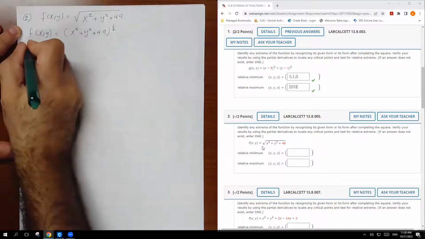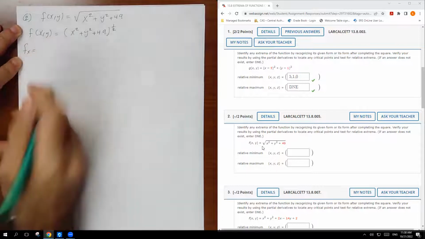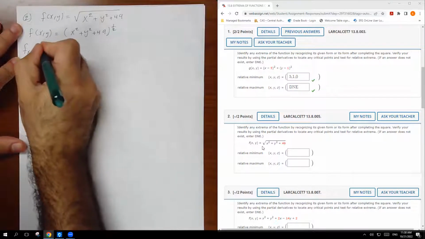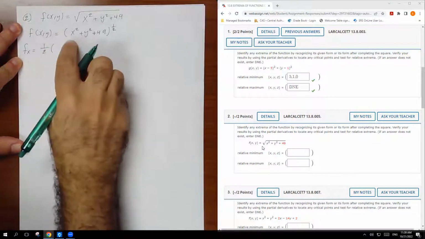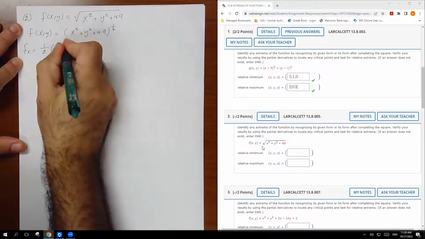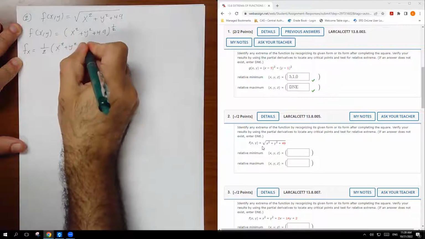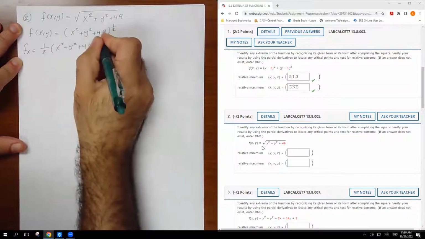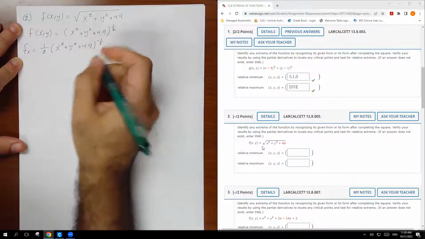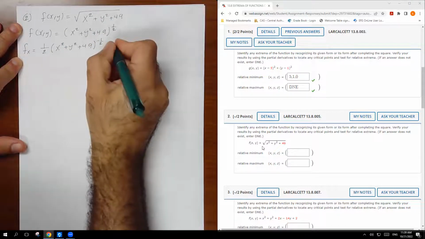Now let's find f_x, which is going to be half the function x squared plus y squared plus 49 to the negative half times the derivative of everything inside, which is 2x.